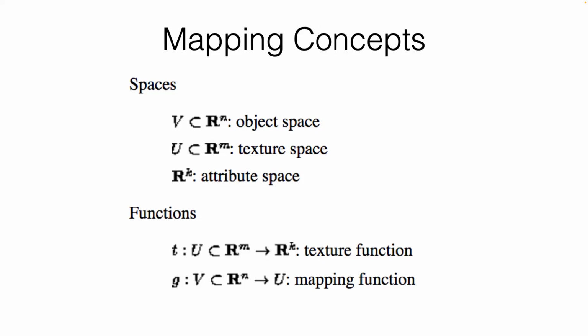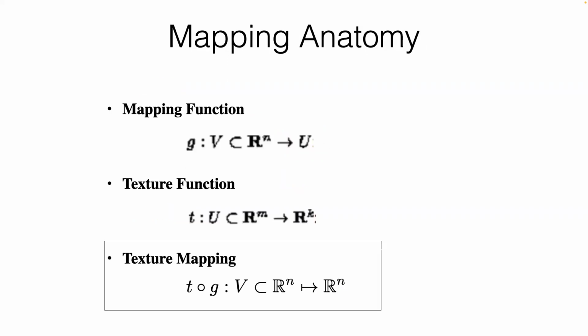And for mapping some texture onto some surface that has some attributes, we need two functions. We have a texture function and a mapping function. And that's the reason it's called texture mapping, because we combine texture with mapping, right? And what happens is that the mapping function maps the space of the object into the space of the texture, right?